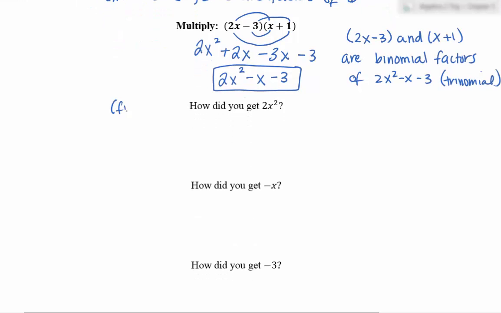Where did we get our first term, 2x squared? Where did that come from? Well, we multiplied 2x times x. So this right here, 2x times x. What about that negative x, which I like to call our middle term?